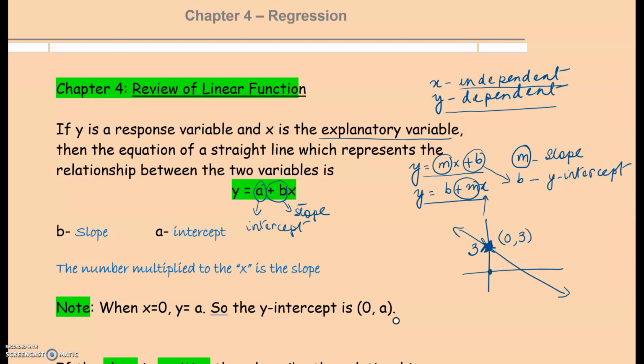So the y-intercept is 3, and the point where the line crosses the y-axis is the ordered pair (0, 3). For any point on the y-axis, the x-coordinate has to equal 0.